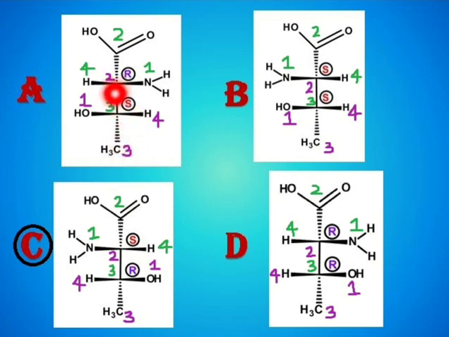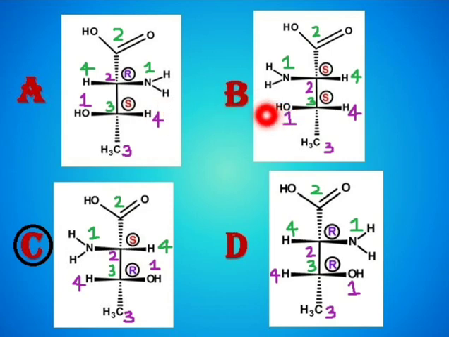So accordingly this one gets the higher priority. Then this is third, so 1 to 2 to 3 is clockwise, and the fourth group is on the vertical, so the configuration is S. So this is 2R and 3S, but in the question we are asked 2S and 3R, so this is the incorrect option.